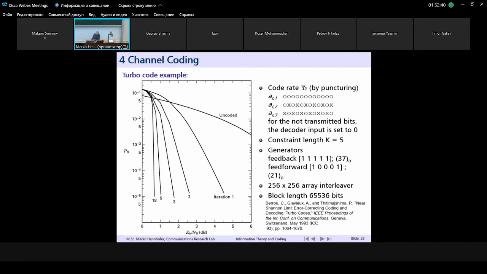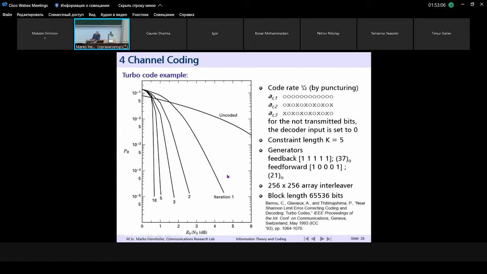And here we basically see how now the performance improves from iteration to iteration. Again, as reference, this is typical. They provide the uncoded transmission. If we just do one iteration in our turbo decoder, so decoder 1 decodes, decoder 2 decodes, and then output, we will get this performance curve here.